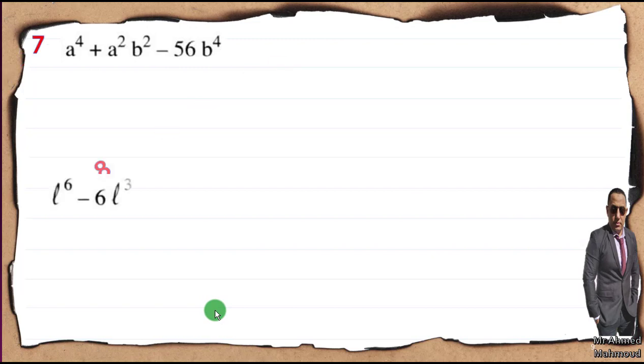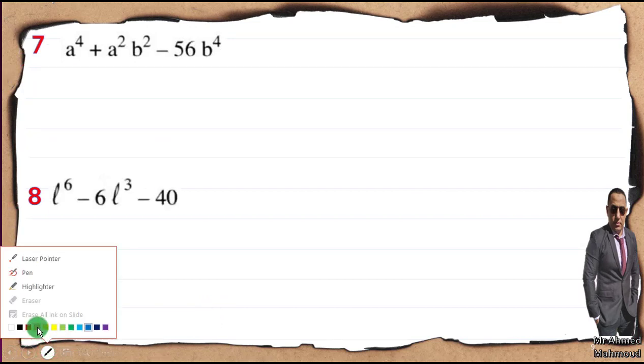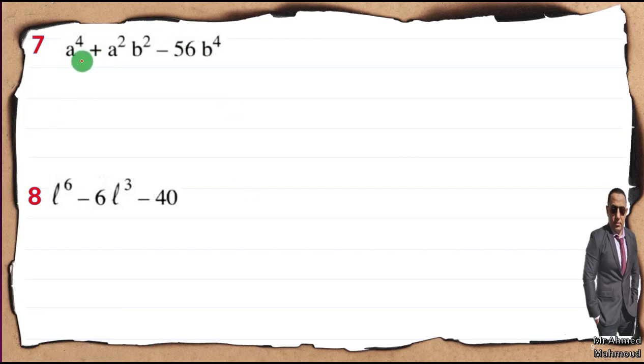Now another case. Here a power 4 and a power of 2, and here I haven't a. The order of a is correct, so I'm going to keep the order, and I'm going to factorize like this. A power 4 will be a power of 2 and a power of 2.